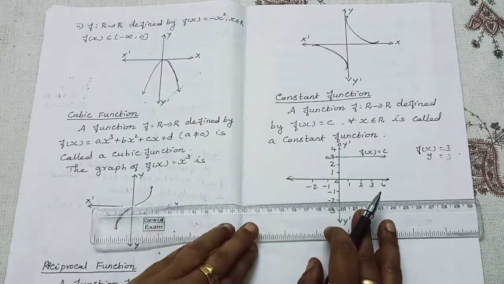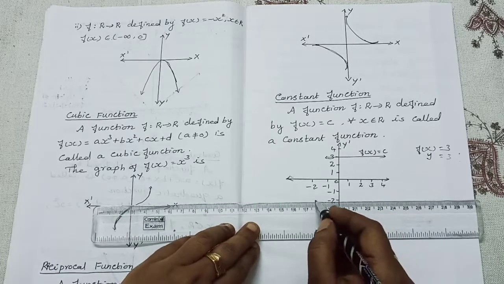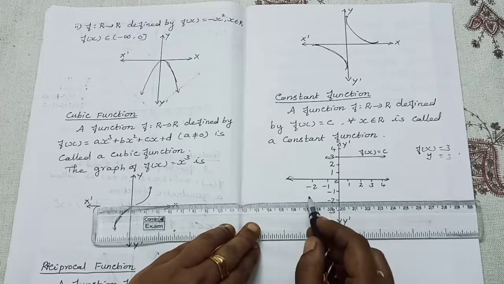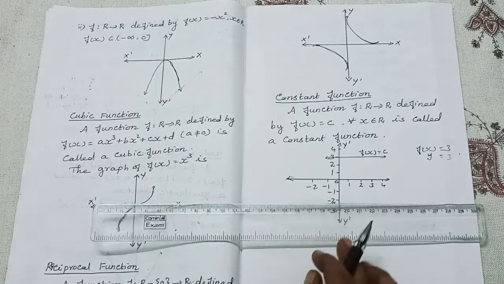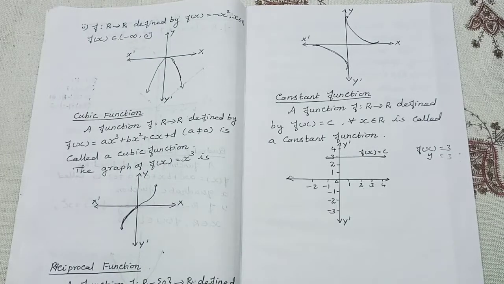Like this it will come. Here we have to draw the line. Okay, this is the constant graph. Have you understood how to identify linear, quadratic, cubic and reciprocal functions, and constant function also?